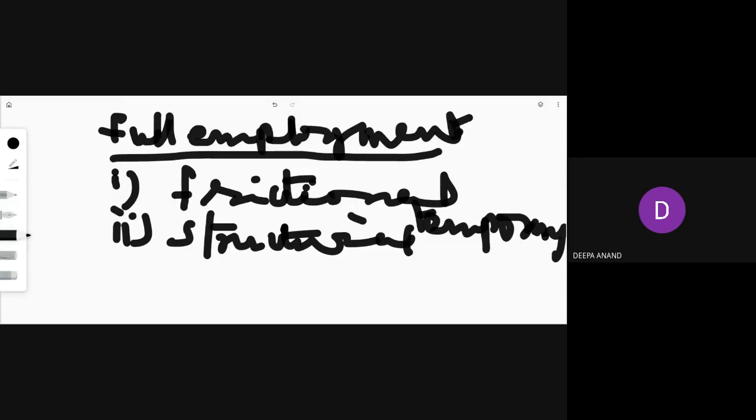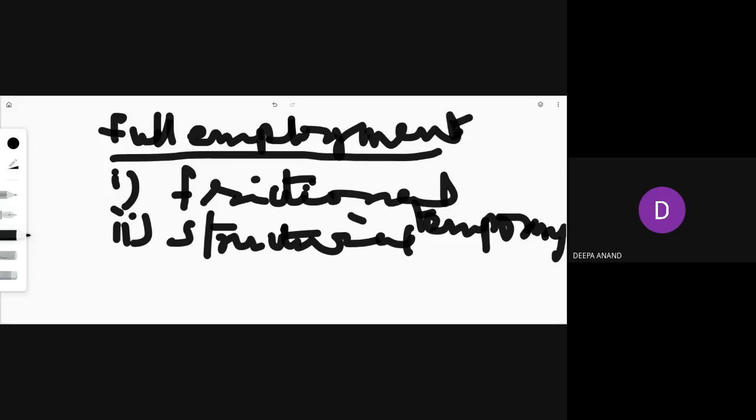This is due to some frictions. Maybe the person lacks market information about where the job is available. This can happen when a skilled or experienced person, after finishing a course, is looking for a job.